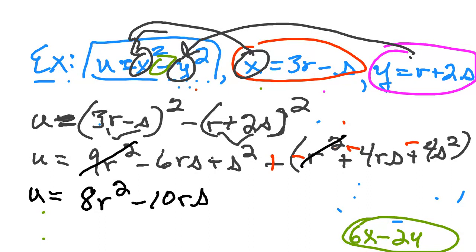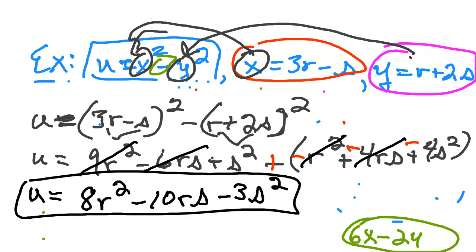And then I've got s squared minus 4s squared is minus 3s squared. So this is u rewritten as a function of r and s instead of as a function of x and y.